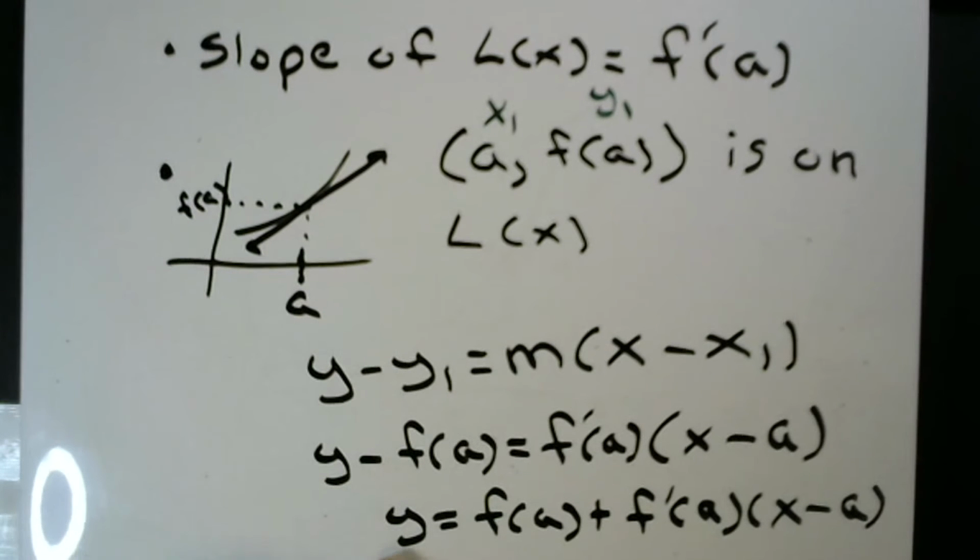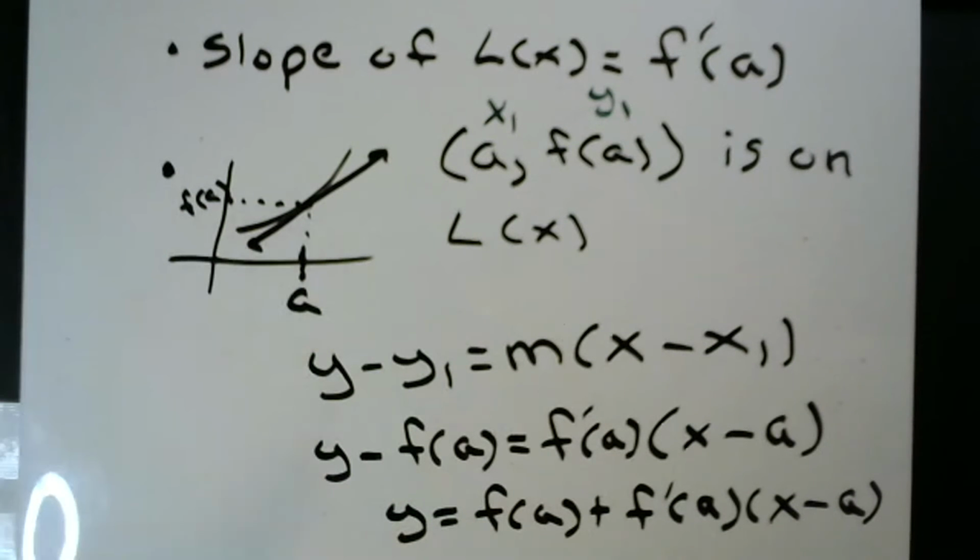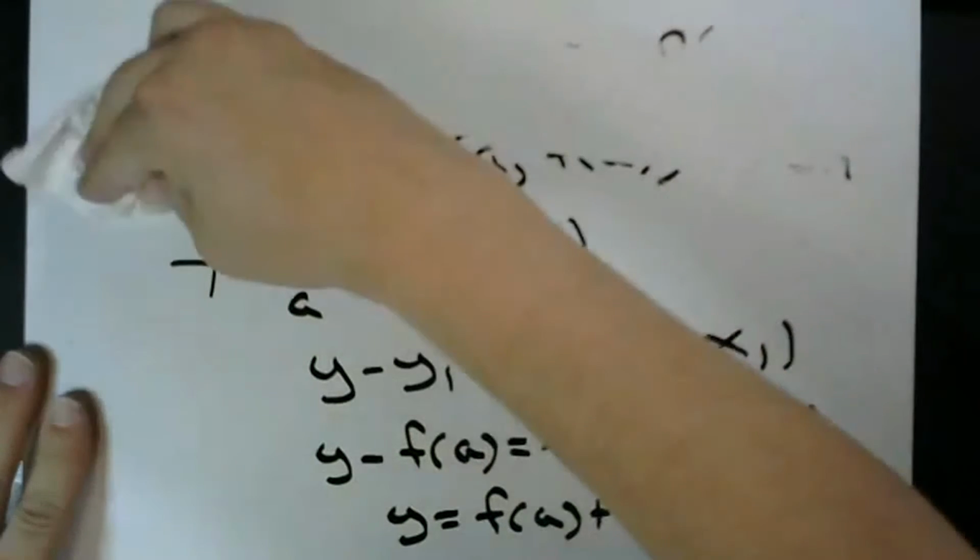And we're just going to call this y, because this is just the line that is really L of x, because L of x has the slope f prime and it passes through these points.